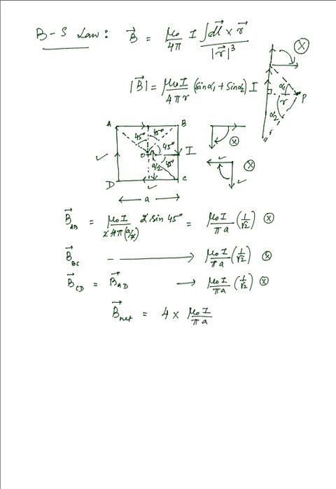So 4 over root 2 is going to give me 2 root 2. So this is 2 root 2 times mu naught I over pi a. And that's a generalized form. You plug in those dimensions that you have been provided, and you obtain the value. You plug in the value of current and the dimension provided, and you get the answer right away.